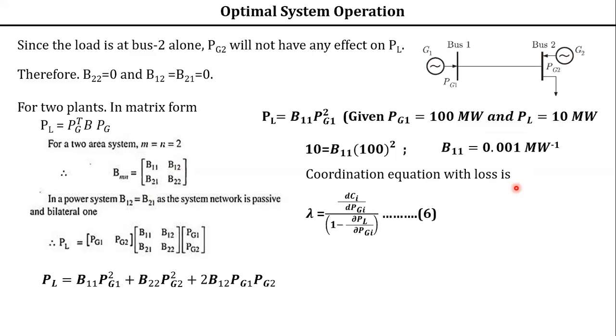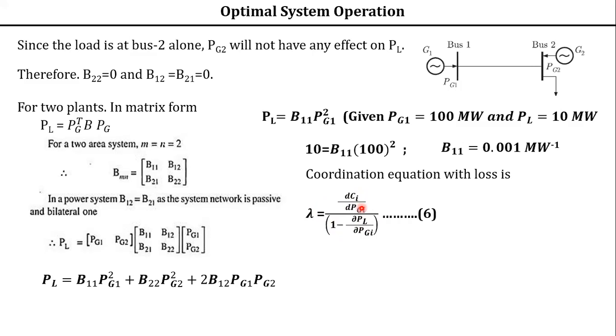What is the coordination equation with loss? Equation 6. In the previous class, the same number I am taking here, and I have repeated it here for your convenience. So lambda is equal to dCi by dPgi divided by 1 minus dou PL by dou PGi, or otherwise lambda multiplied by (1 minus dou PL by dou PGi) is equal to dCi by dPGi.